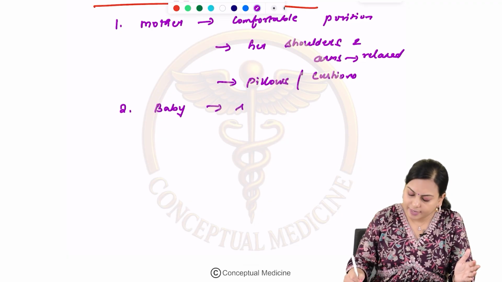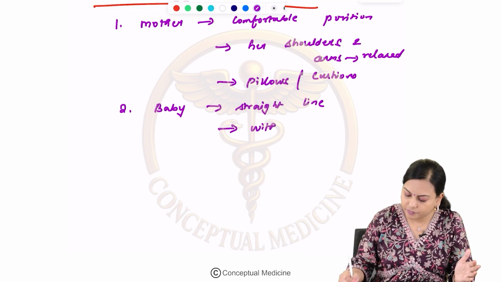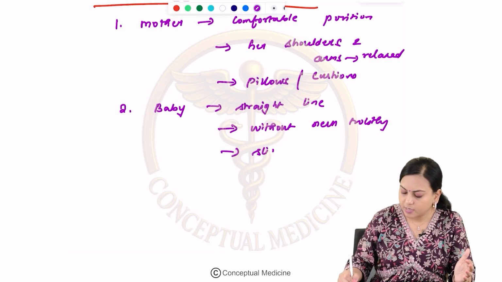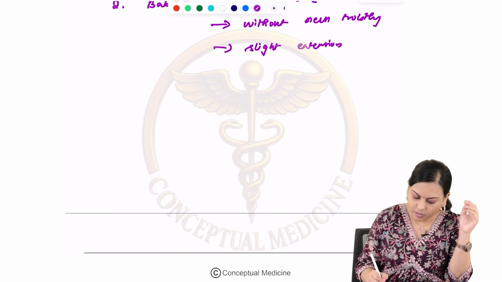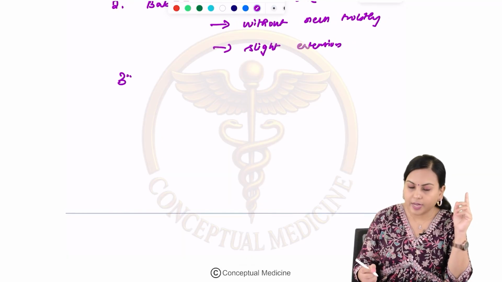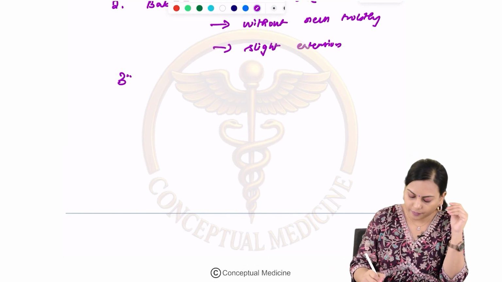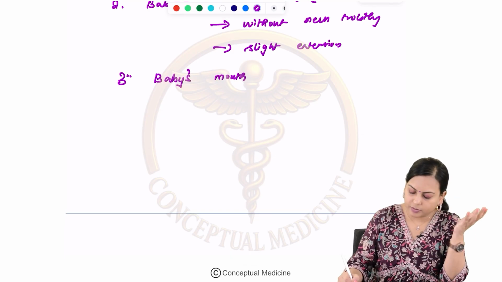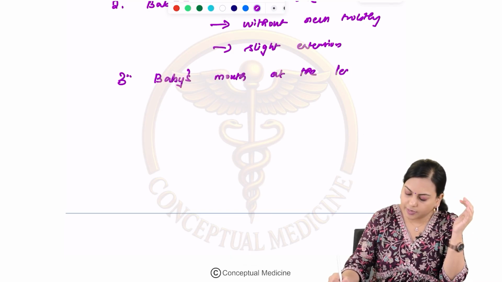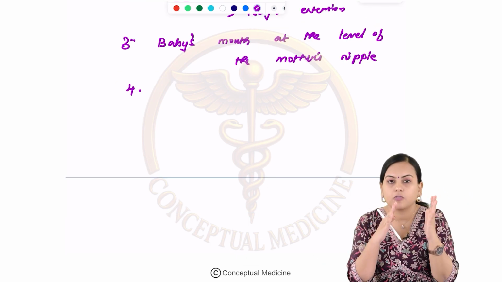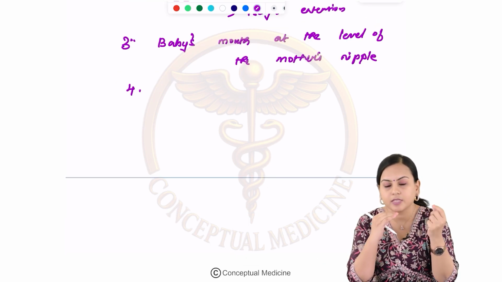Baby should be in a straight line without neck twisting, and sometimes slight extension of the head may be needed to latch on the nipple. Remember, you can bring the fetus towards the breast, but mother should not lean over the infant, right? And then baby should be kept at the level, like the baby's mouth will be at the level of the mother's nipple.